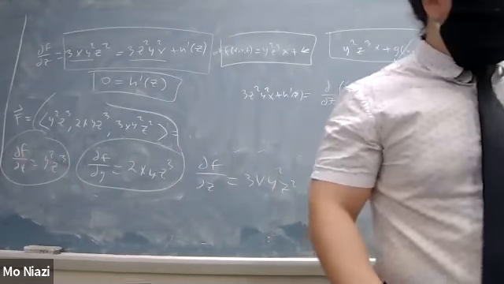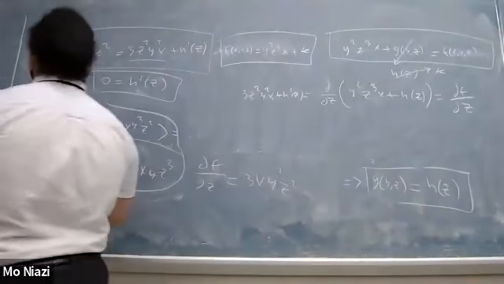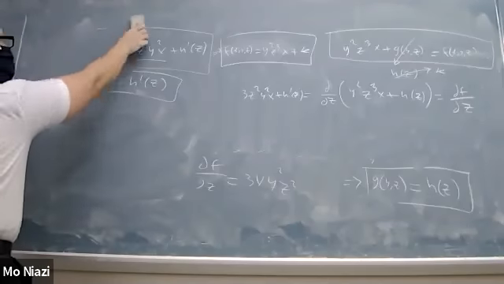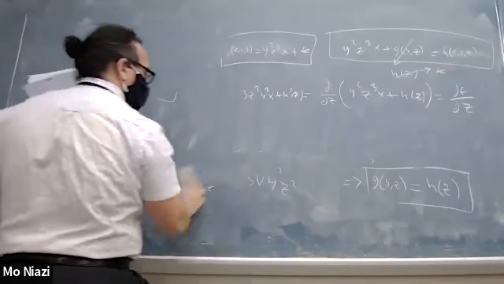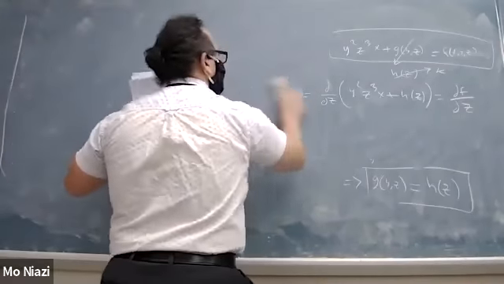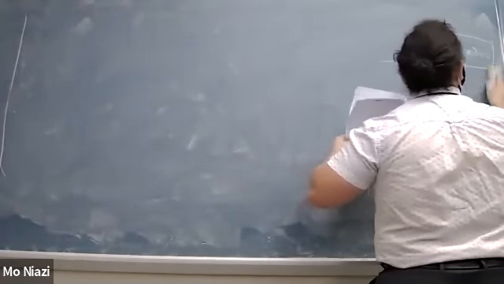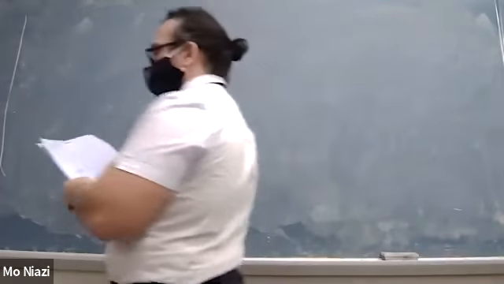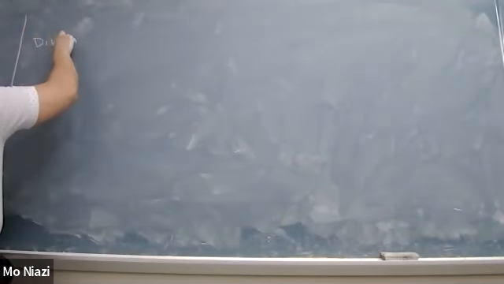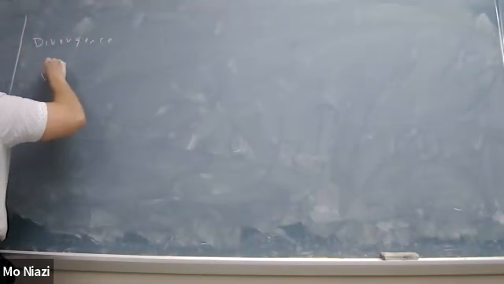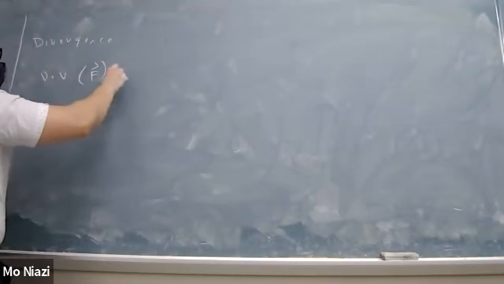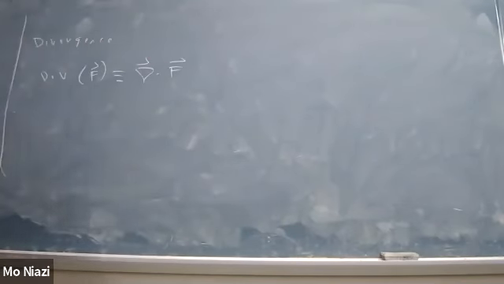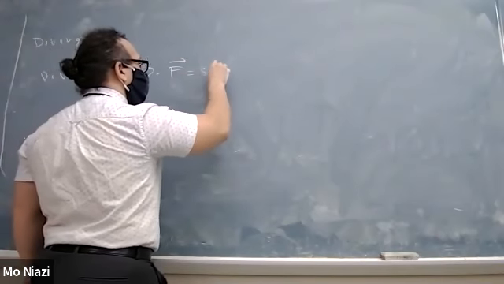Now, time to talk about divergence. The divergence, div of some f, is defined as this. It uses a dot product, so the output is a scalar.